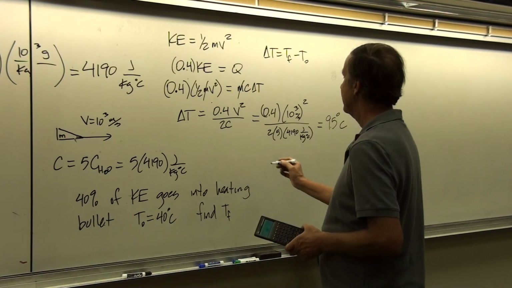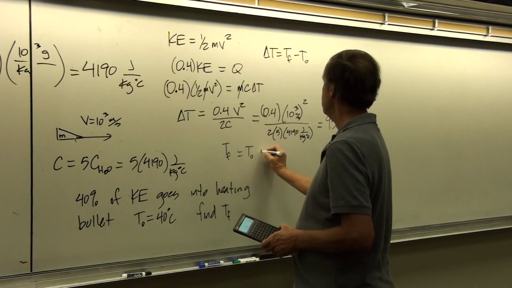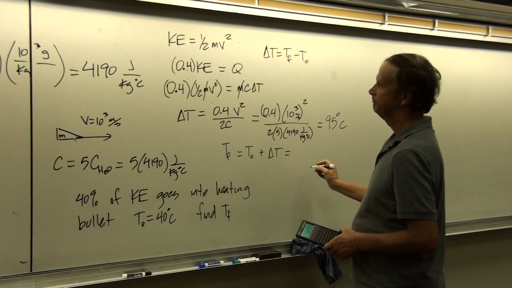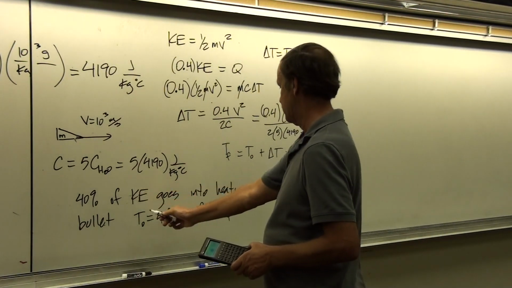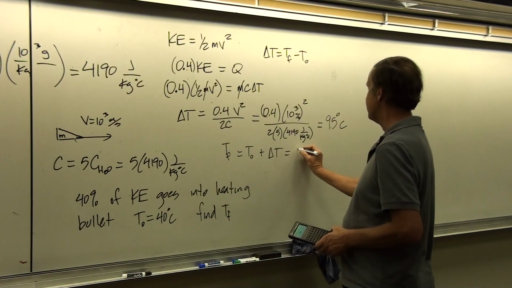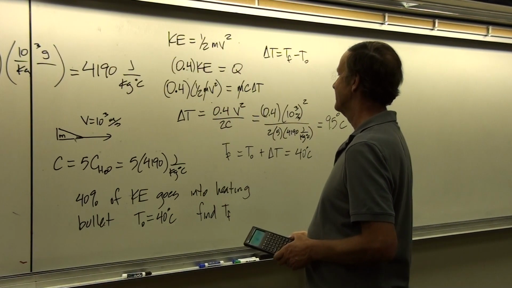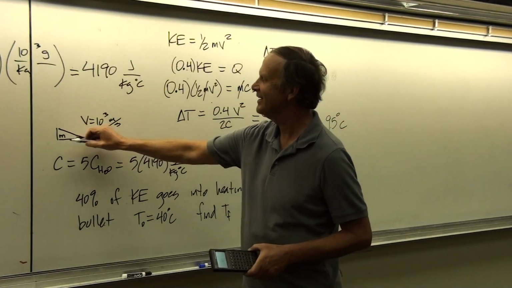That's good. And so T final would be T initial plus delta T. We started out with the temperature of the bullet at 40 degrees. Why was it so hot to begin with? Well, because it was fired out of a gun. So that's going to heat up the bullet.